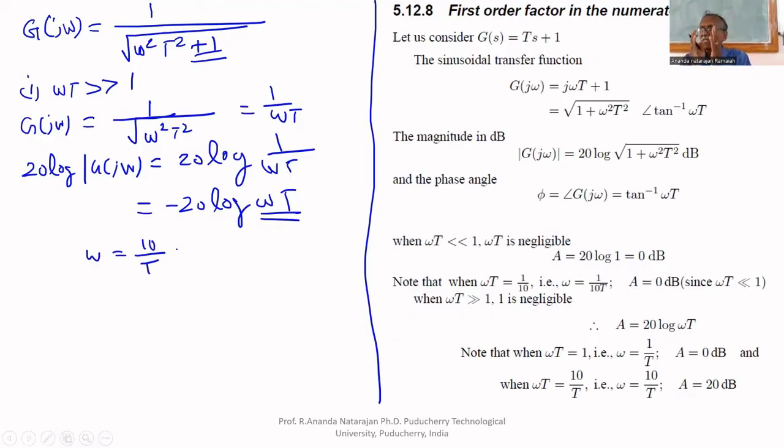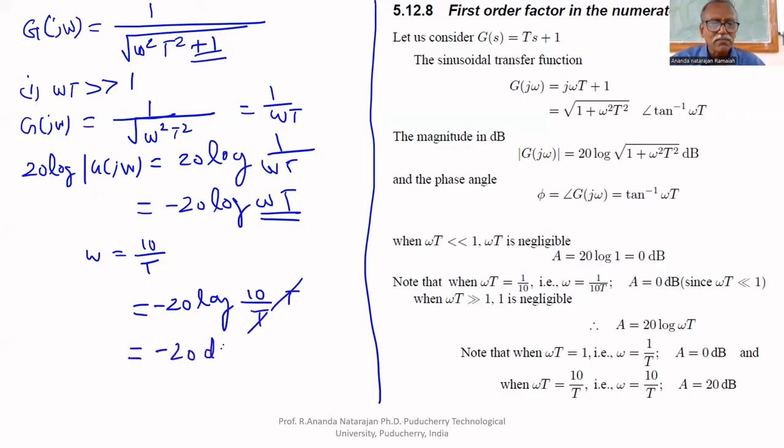I said 1 by tau is the point which is called the corner frequency. We are moving away from that point, 10 times. If you substitute omega equal to 10 by tau, this value equals minus 20 log 10 by tau multiplied by tau, the tau getting cancelled. Log 10 equal to 1. Therefore, minus 20 dB.